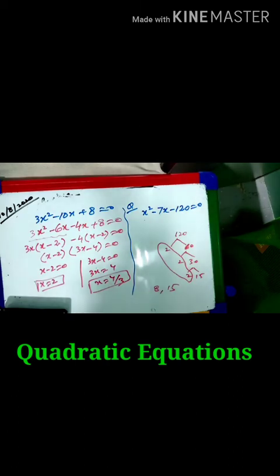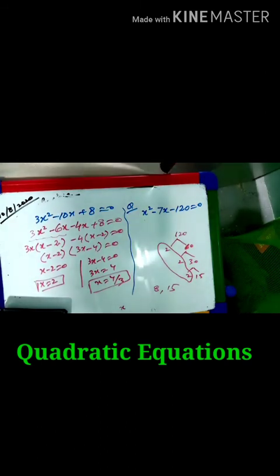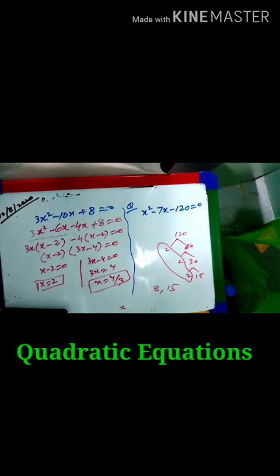I got it. So 8 and negative 15. Okay, I'll send you a picture. Yes, from 15 you take 8 common.